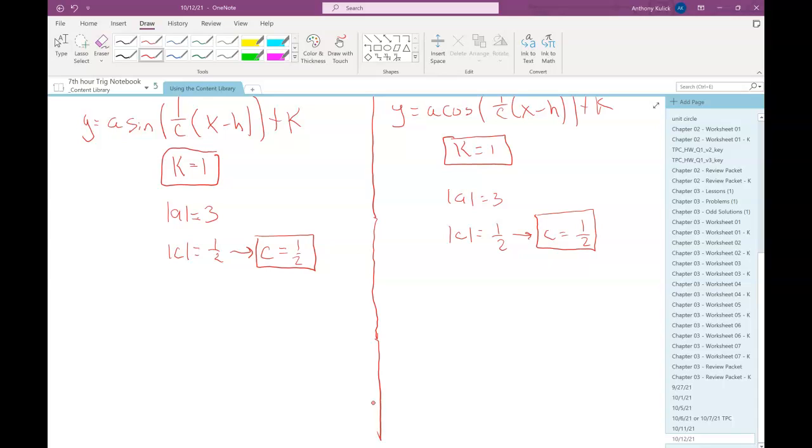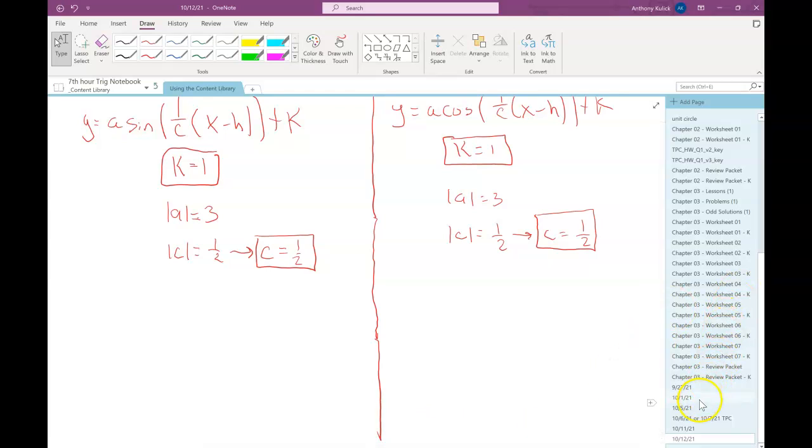So for my parent function for sine, I'm going to use one of those 5 key points that we use for graphing, and I'm going to match it up with the same kind of point from the transformation that we're looking at. Is everybody okay with that idea?